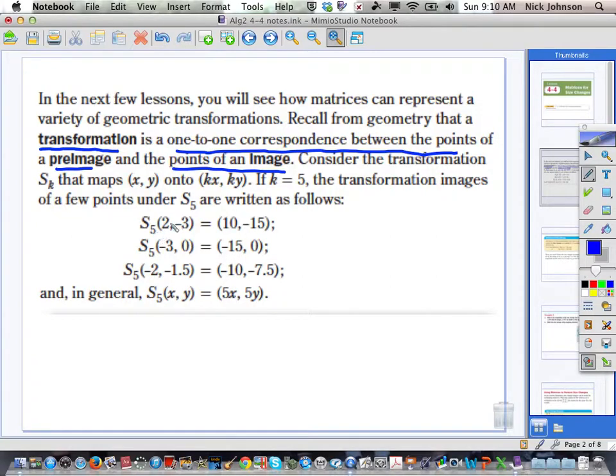Okay? 5 times 2 is 10. 5 times a negative 3 is a negative 15. Same thing down here. S of 5 to that point. 5 times negative 3, negative 15. 5 times 0, 0. So on and so forth. So in general, S of 5 times the coordinate point x comma y equals 5 times x comma 5 times y.